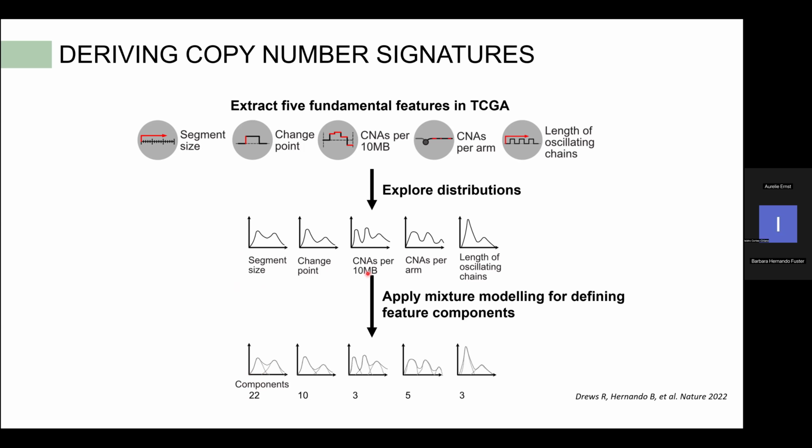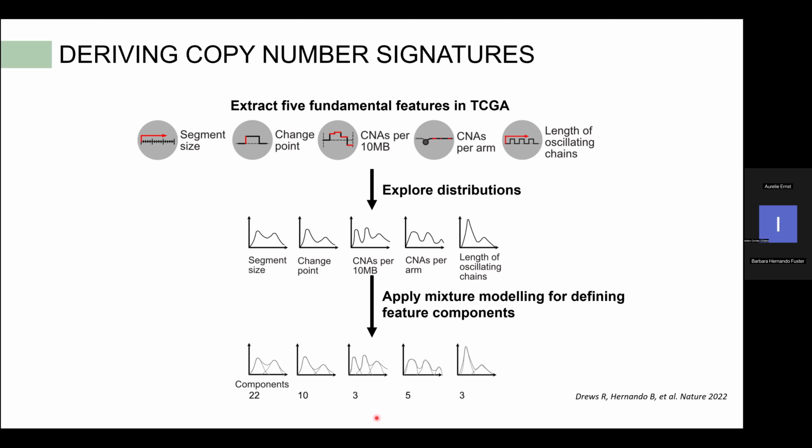For the copy number alterations per 10 megabases, which is another feature informing us about the clustering of segments, we have 3 components. Then we have 5 for the copy number alterations per arm level of the chromosome, and 3 categories explaining the length of the oscillating changes. So this process was done to define a feature encoding, that is, how these copy number patterns are explained in the TCGA.